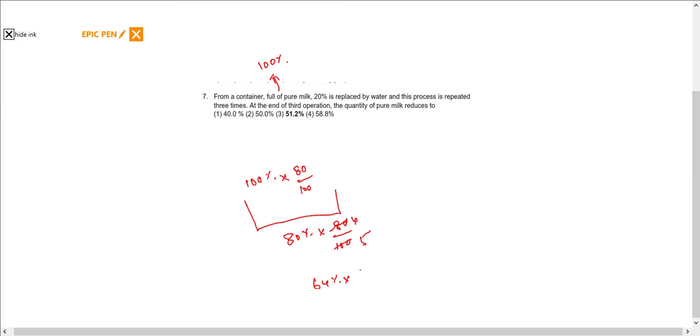This is 4 by 5 into 4 by 5, which is 80 by 100. Okay, so 5 12, so 60, 12.8, 12.8 into 4... okay, this is 51.2, I suppose.